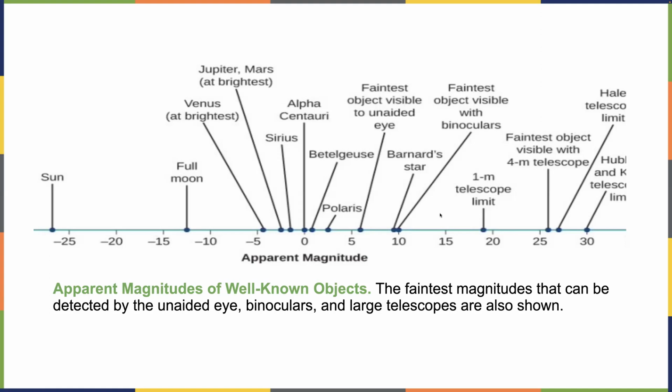And then when you go to more faint objects, you cannot even observe those with binoculars. You need large telescopes. So when you go to magnitudes close to 20 and 25, you need 1 meter or 4 meter telescopes, right? That is the limit for those telescopes.